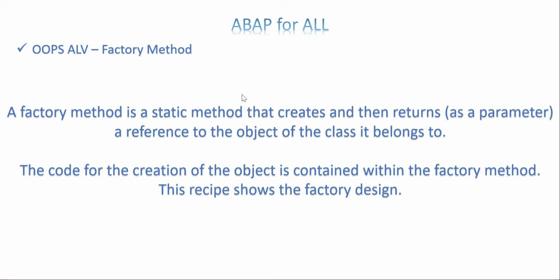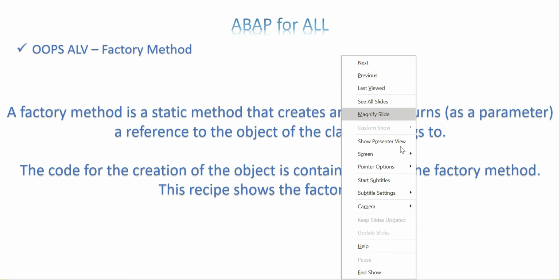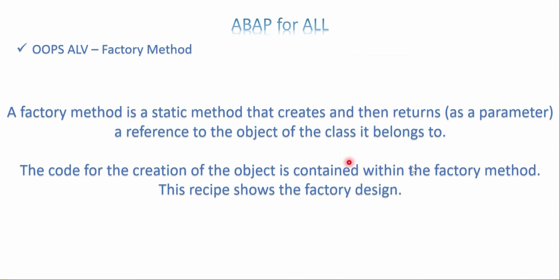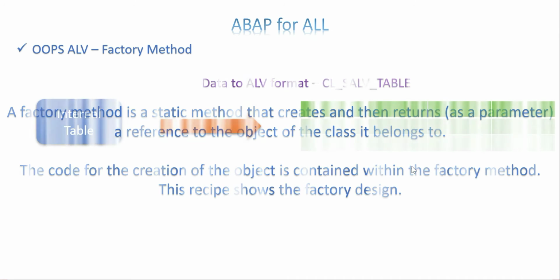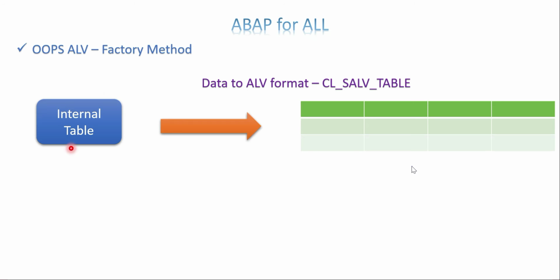We can see more, but we don't need to know much about this to make an ALV with the help of the factory method. This is just a definition of the factory method. This is my internal table, and I want to make an ALV format with the help of the factory method.